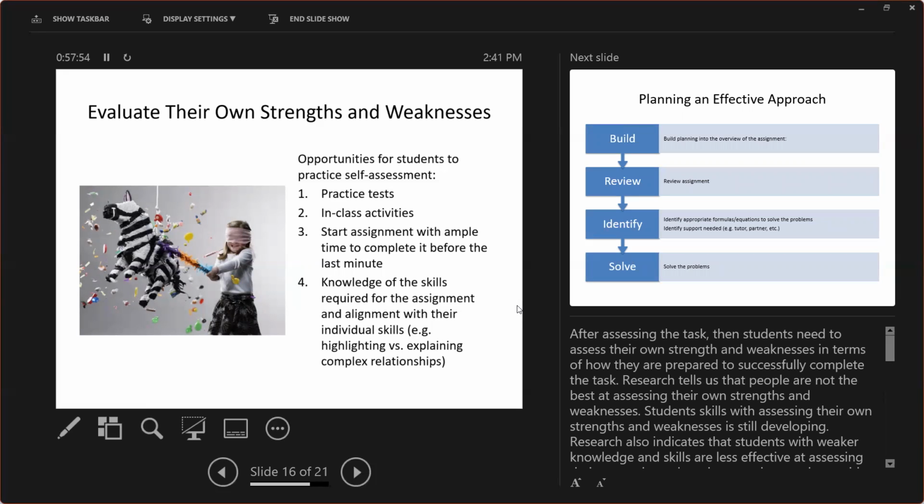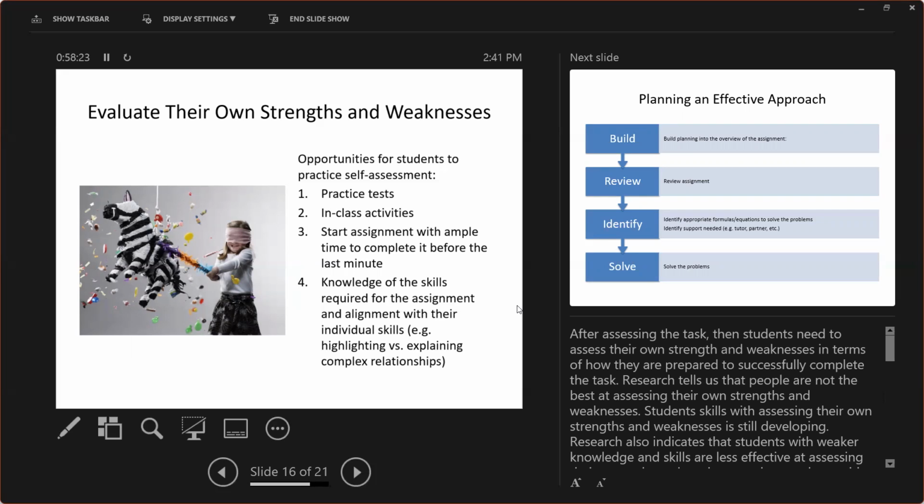For example, this is a very simple example, but if they're very proficient at highlighting the key information in a text or in a journal article, they'll say, oh, I got this covered. I can be successful on that assignment. But what you really wanted them to do was explain the complex relationships between those concepts or terms that they had highlighted.